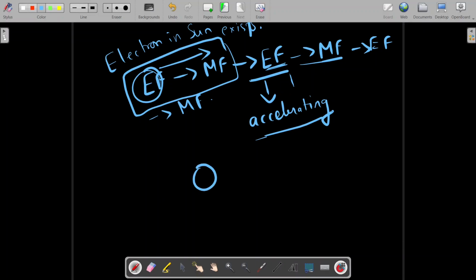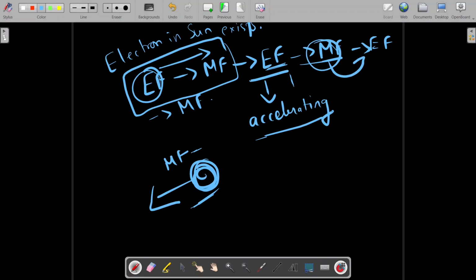If an electric field is moving, it creates just a magnetic field. If the electric field is accelerating, it creates an accelerating magnetic field, right? That is, there is a change in the magnetic field also. So this converted again into an electric field. This is also accelerating, and it is converted into a magnetic field. This is also accelerating, and it is converted into an electric field.